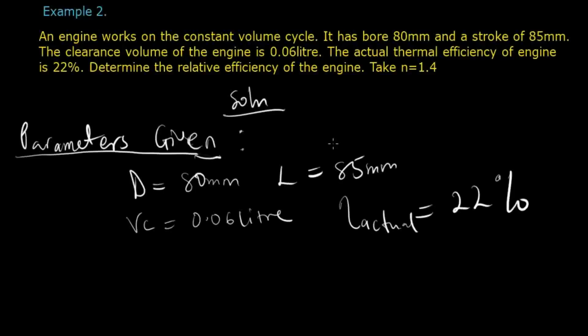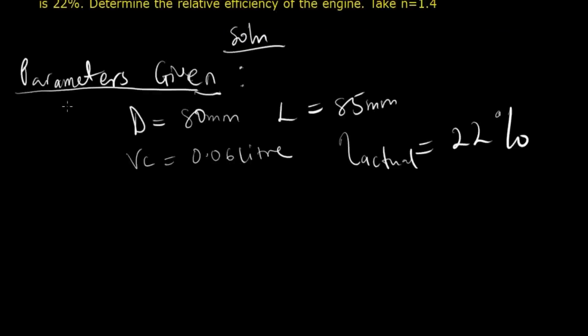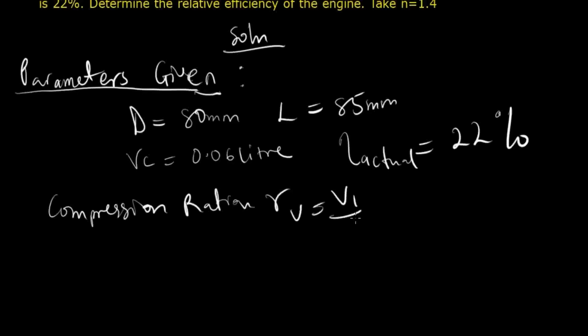Alright, now recall that when we were proving and defining the terms in the first page of the Otto cycle, I said that the compression ratio is given by RV, which is V1 over V2, and is equal to what?